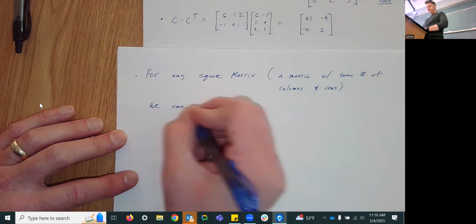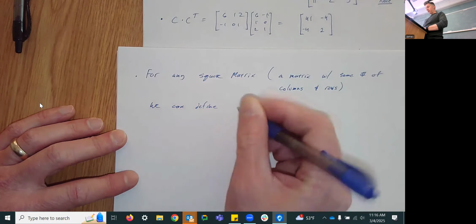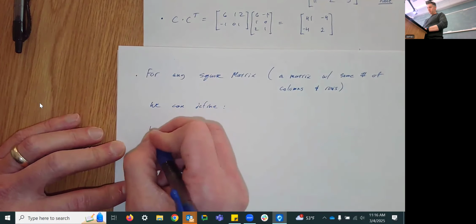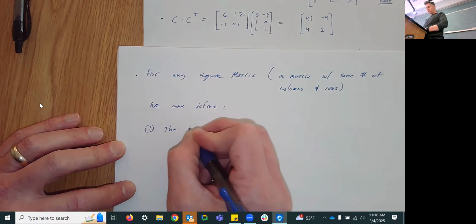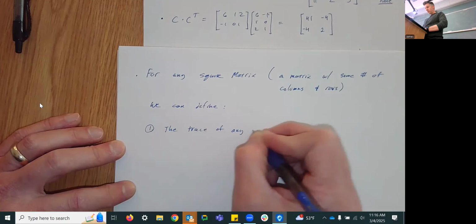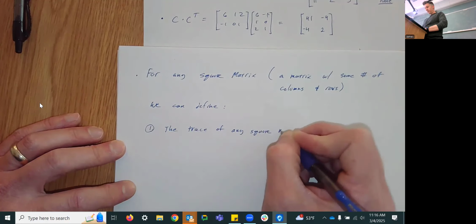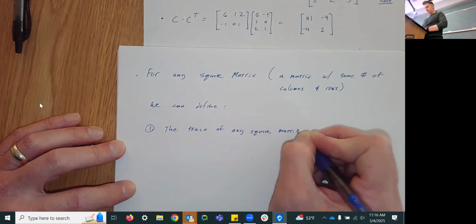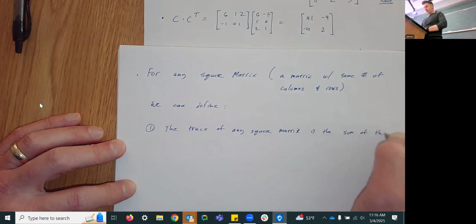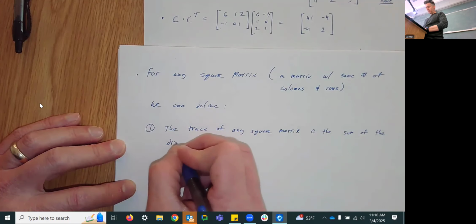We can define a couple things. One, the trace of any square matrix is the sum of the diagonal entries.